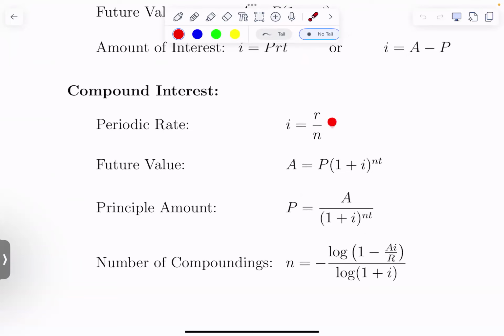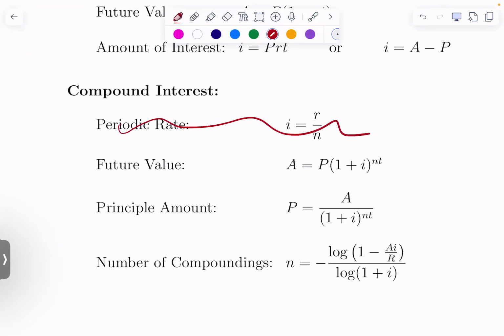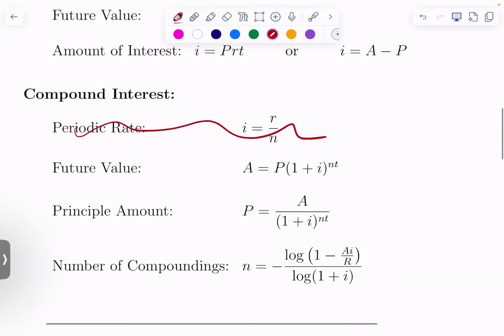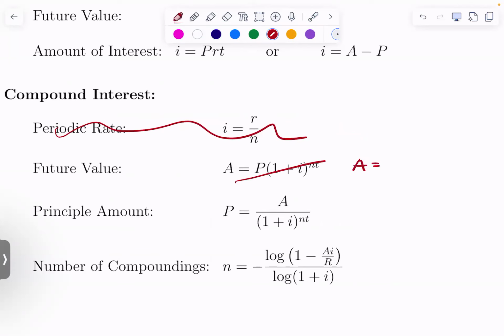So they've just defined R over N and replaced it with a little I. I'm going to use just the formulas that we're doing in class, which means you won't need this because this will say A equals P times 1 plus R over N to the N times T. Although the lowercase I is a little bit cleaner, right? You still have to define it, and so I just don't really see the point. Push everything into the formula instead.